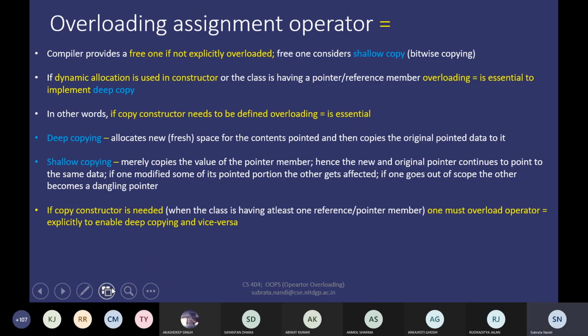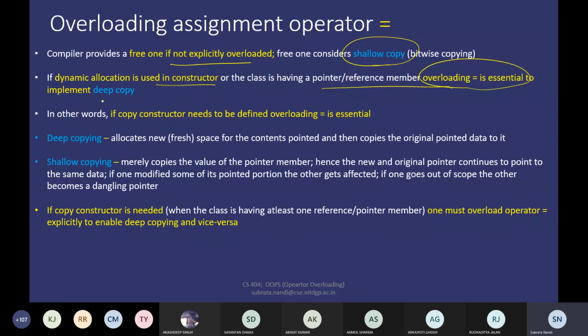The compiler provides a free one if it is not explicitly overloaded. The free one does shallow copying, and anything that you deal with for free, you are always subjected to future problems. So if dynamic allocation is used in the constructor, or the class has a pointer or reference member, overloading of this operator is essential to implement deep copying.